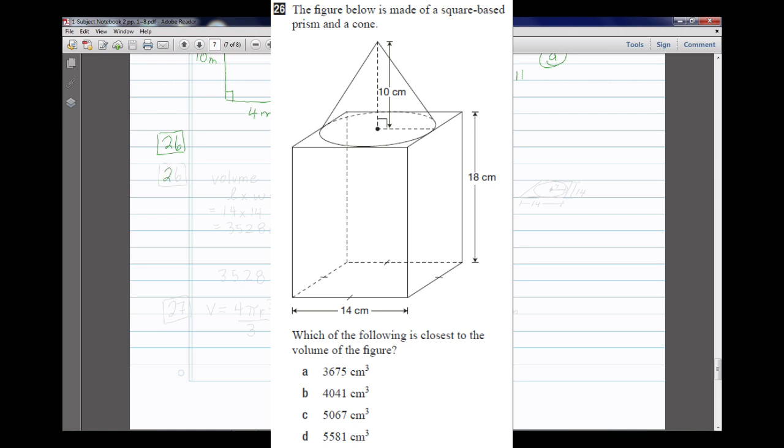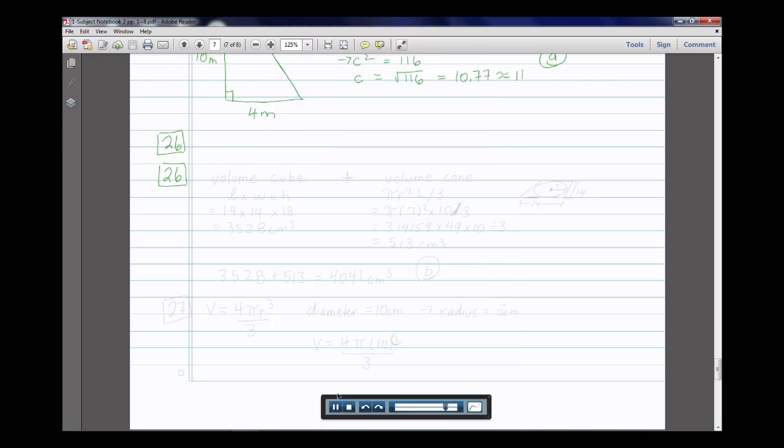Multiple choice 26. You have a square-based prism and a cone, and it says which of the following is closest to the volume of the figure. How to do this is to work it out. You take a look at your formula sheet.